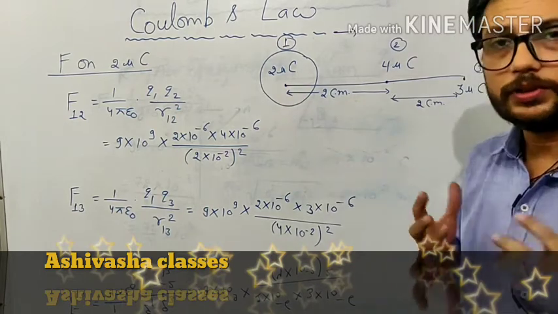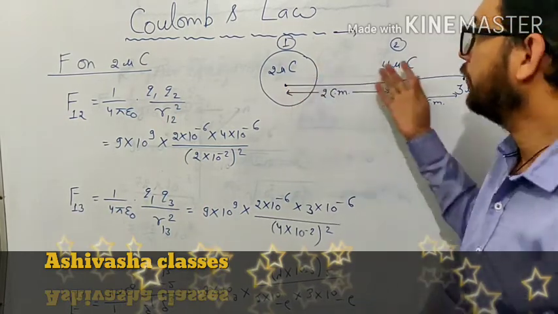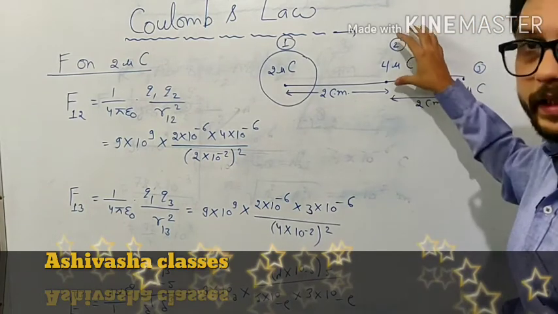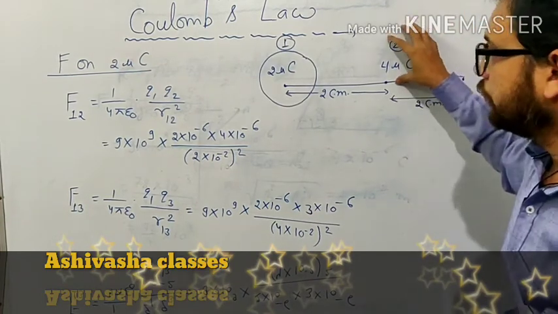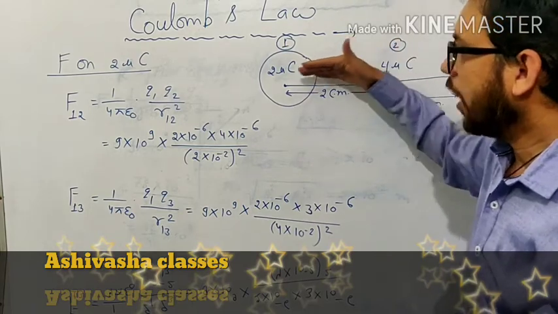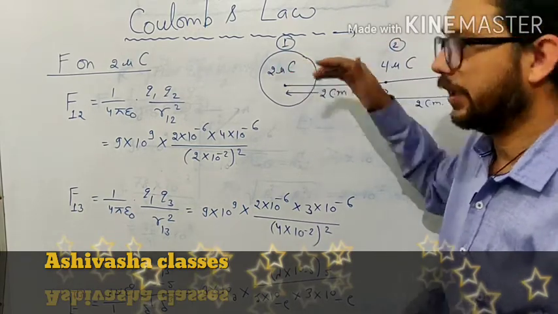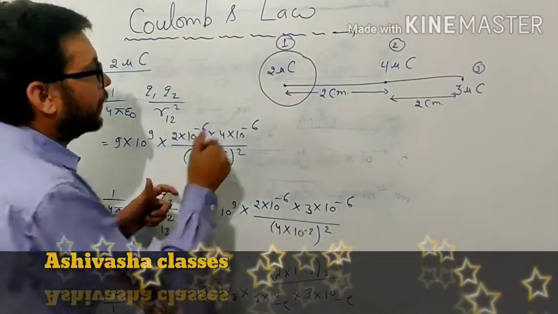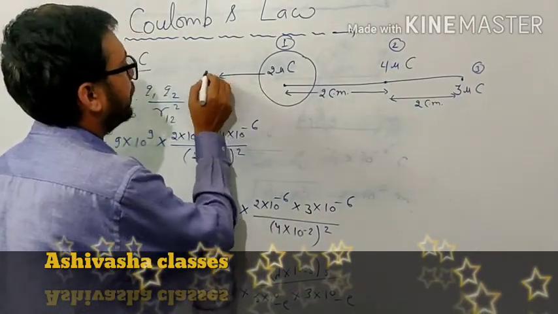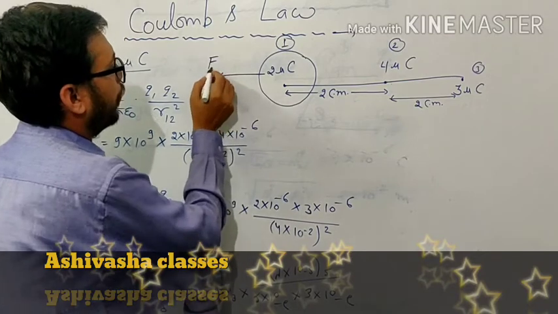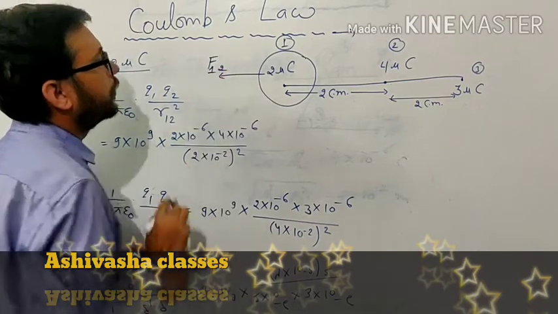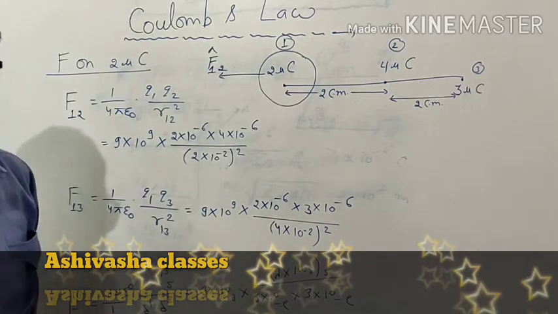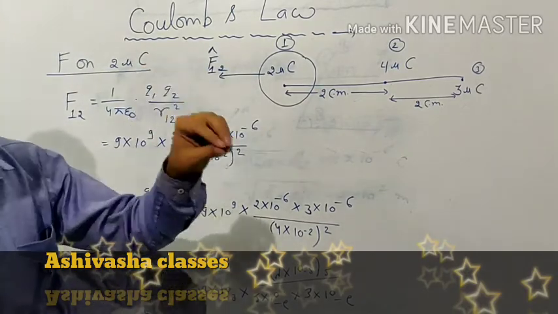Because both charges are positive, there will be a force of repulsion. It means the charge 2 will apply an opposing force on charge 1. So charge 1 will move this way, and this will be the direction of force on 1 due to 2.